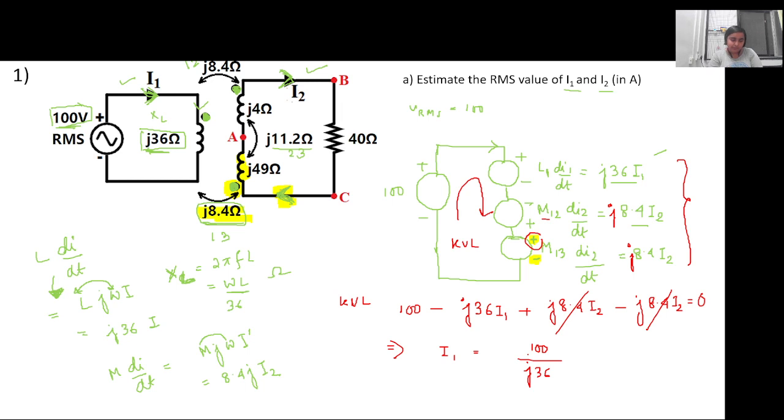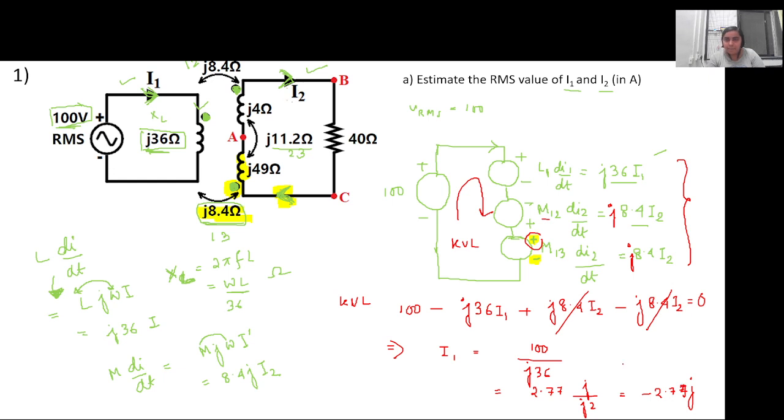So 100 by 36 is 2.77. The magnitude is 2.77. Now 1 by j can be written as j by j square, and j square is equal to minus 1, right? So it is minus 2.77j.